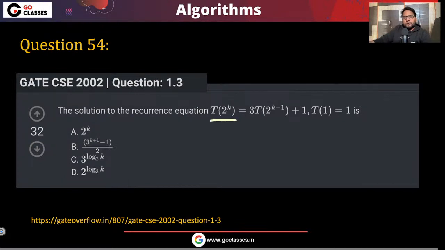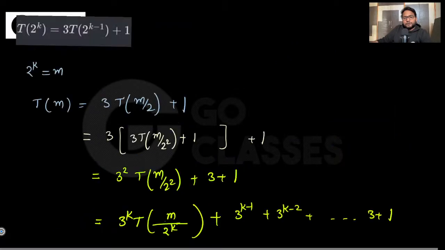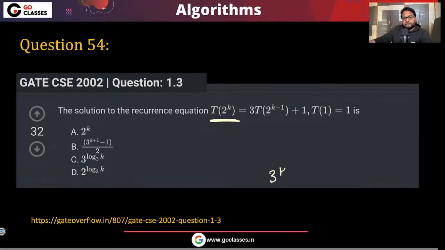They're asking T of 2 power k, which is going to be 3 power k plus 3 power k minus 1 divided by 2. So what is the answer? Is anything matching from here?